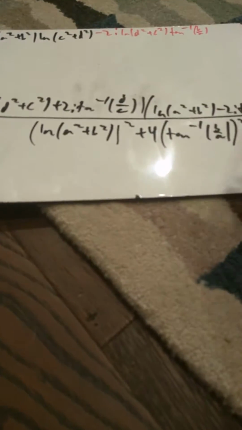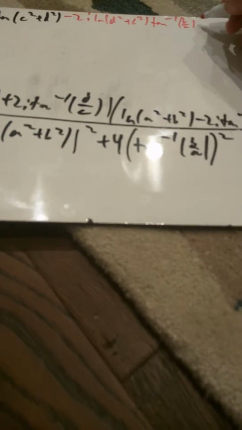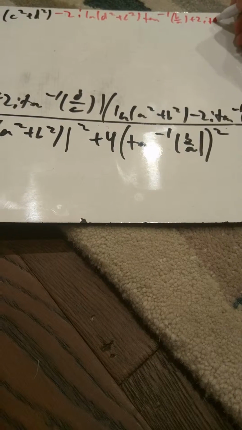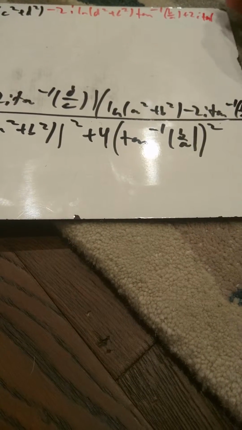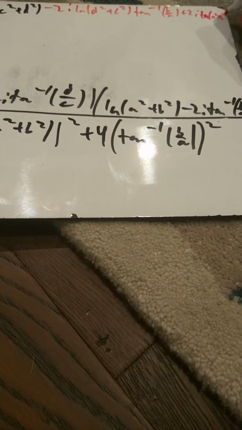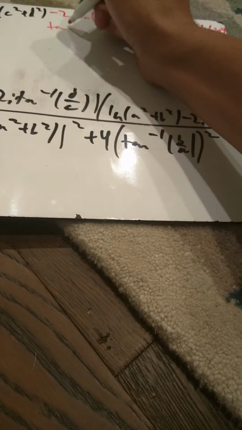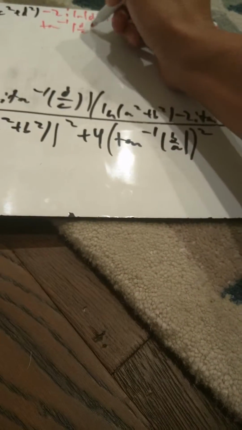Yeah, I'll write that minus 2i ln d squared plus c squared arctangent b over a. And then we have plus 2i arctangent d over c times ln a squared plus b squared. And then we have the multiplication of both of them.